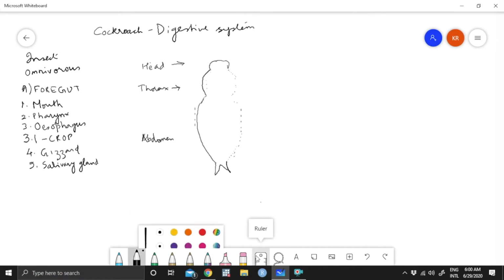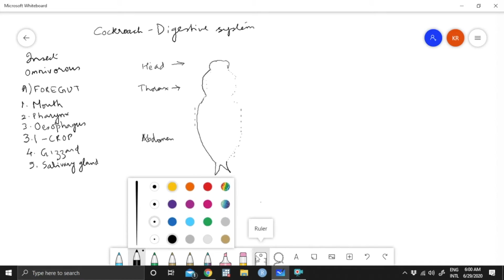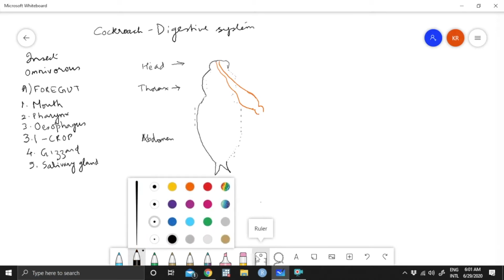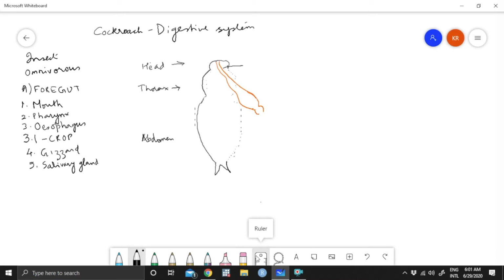So let us show these parts, with this red color. This is esophagus.